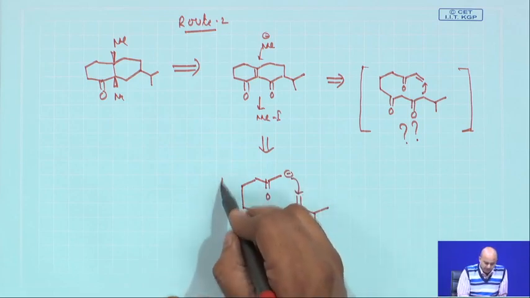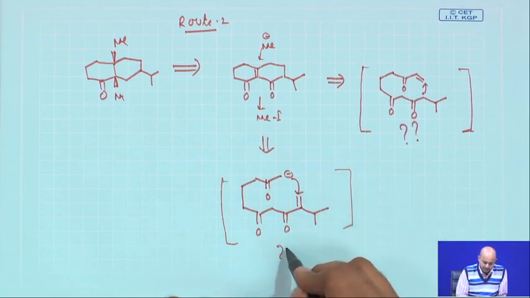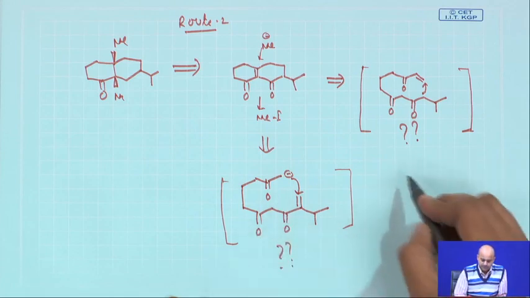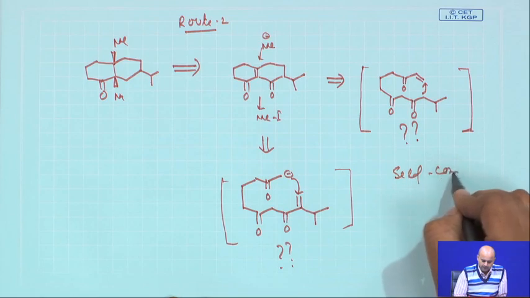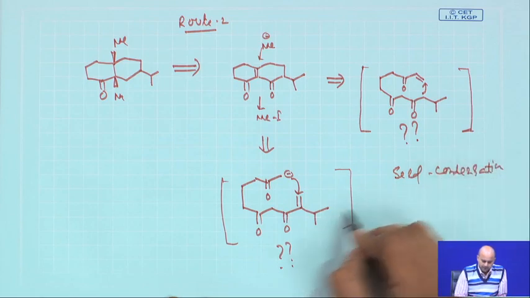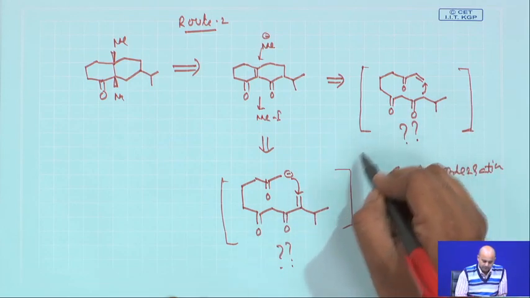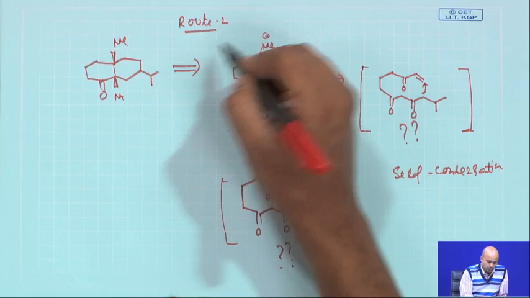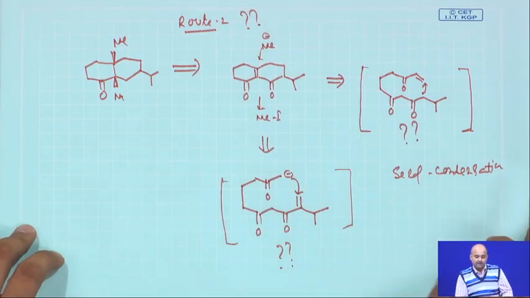Now, again I am saying this starting material is very dicey, because you have too many carbonyl groups in the compound, and all this will basically lead to self condensation, and it is very difficult to handle. These two substrates are very difficult to handle. That is why this route 2 will put a big question mark, though it is logically valid.